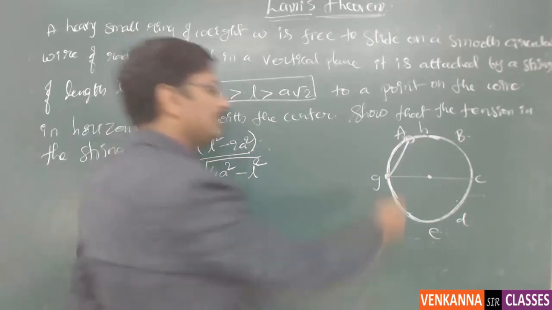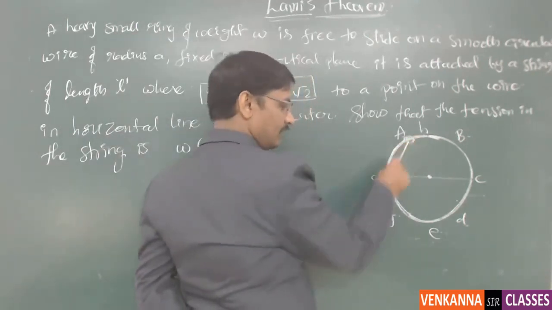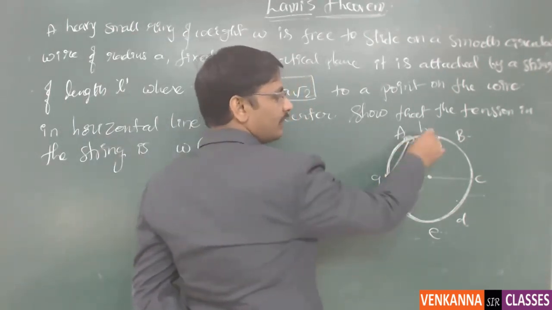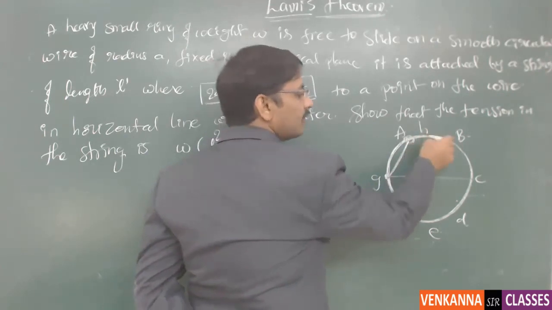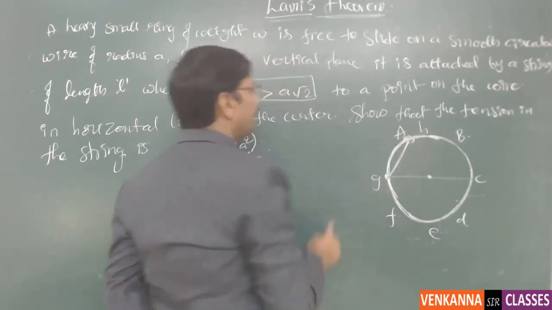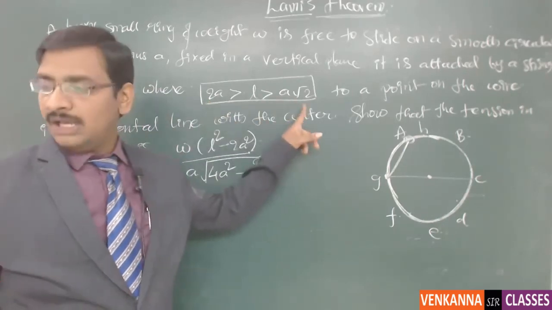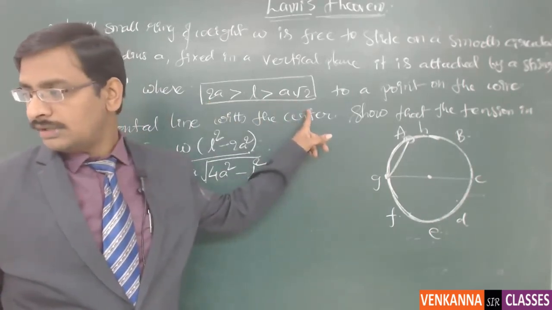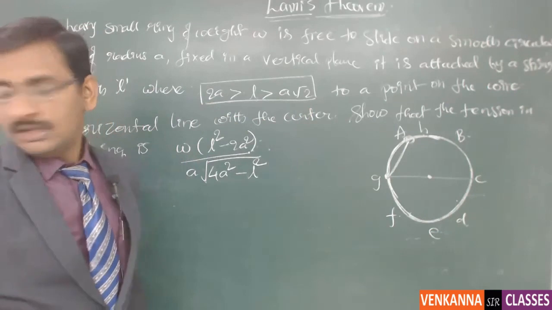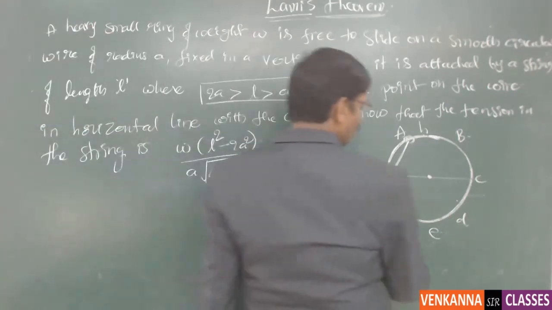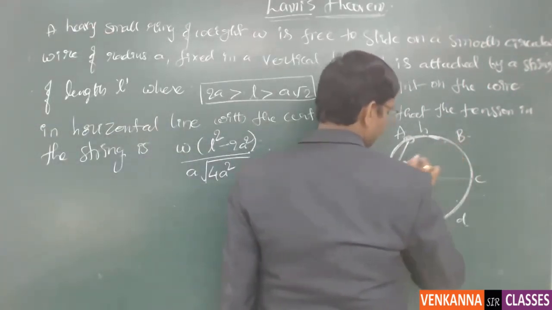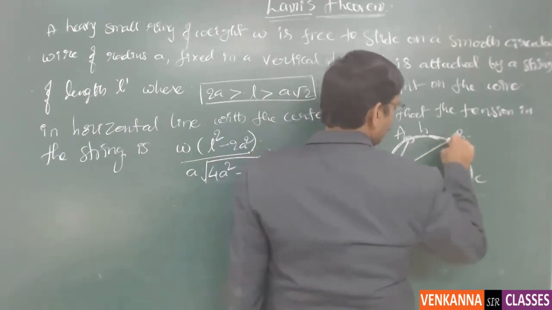If it is here, because it is free to slide, it will come back like this. But if I keep it here, it may go this side or that side, because the L value is less than 2a and greater than a root 2, right? That's the reason the only possible position is here. So the ring is here.